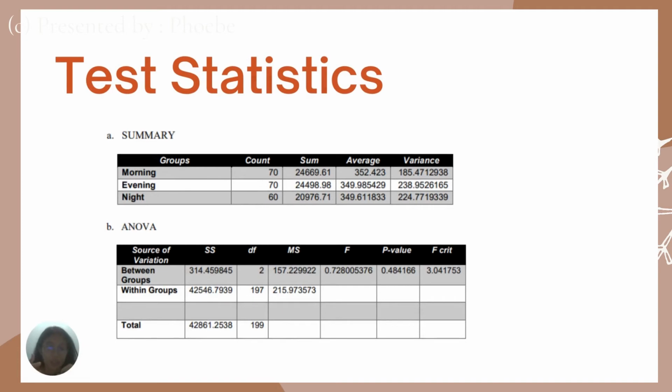This is our test statistic. Firstly, we have summary. The second one we have ANOVA. For the summary, we use Microsoft Excel to sum up the different shifts in morning, evening, and night with the sum, which is the total, the average, and then the variance.